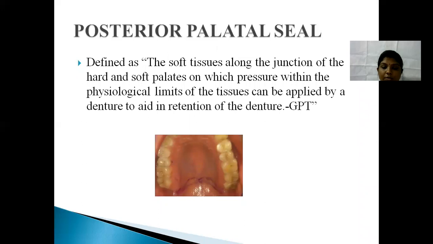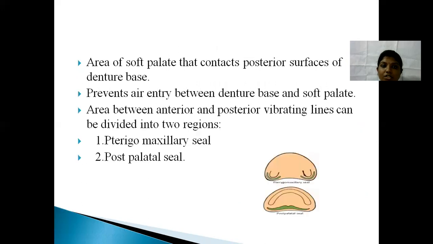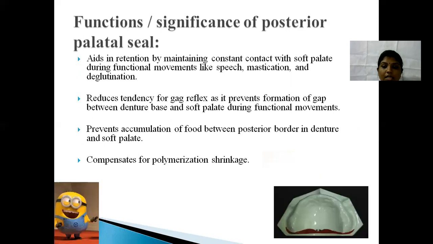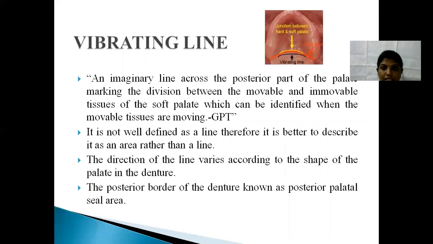Last one is the posterior palatal seal area, which is the soft tissue along the junction of the hard and the soft palate, where we can apply pressure within limits to aid in the retention of the denture. It is divided into two regions, pterygomaxillary seal and postpalatal seal. The main functions are aiding in retention, prevention of gagging, prevention of food accumulation, and compensating for polymerization shrinkage.